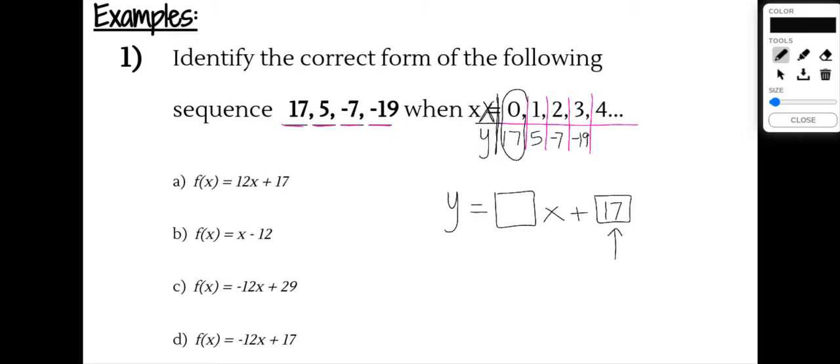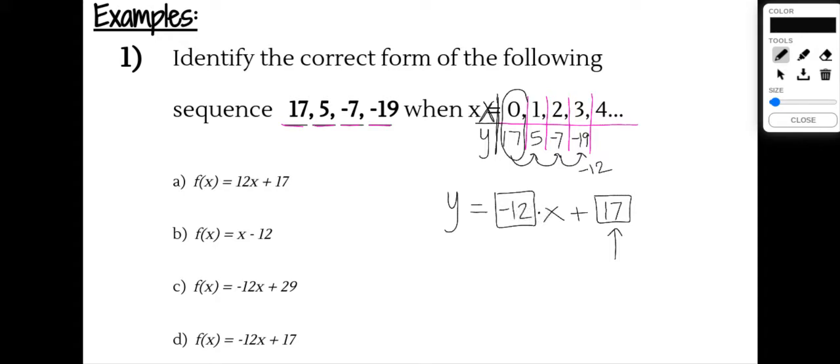Now let's take a look at our rate of change. Do you see what's happening here? We are subtracting 12 every single time, and the x is going up by 1. So negative 12 over 1, that's your slope, negative 12. That's our pattern, and that's repeated. That's why it's multiplication: it's repeated addition.